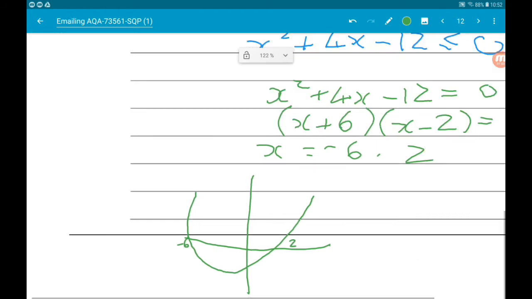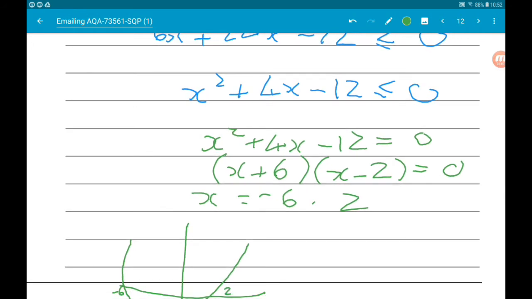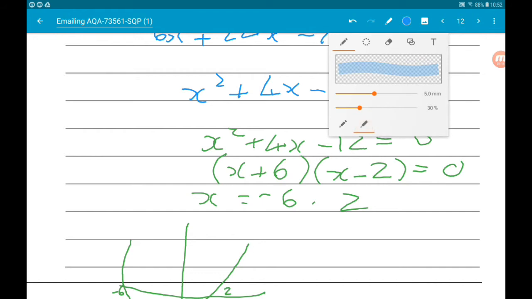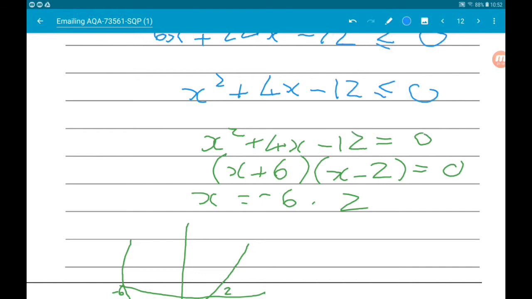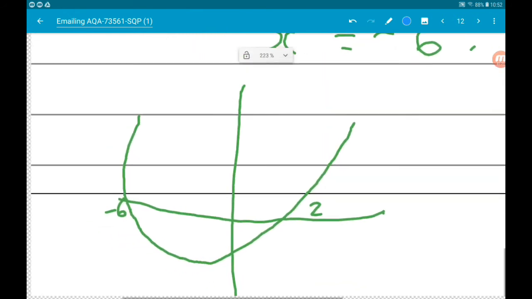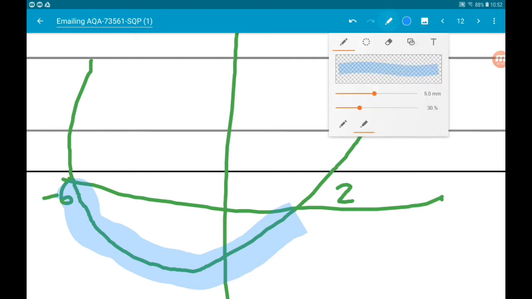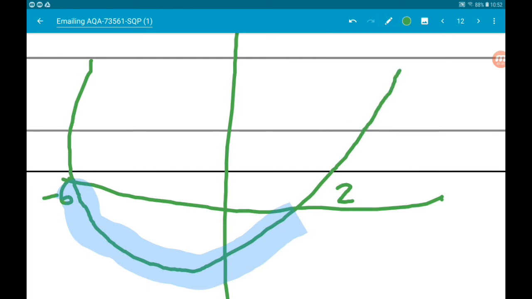Now remember, what we are trying to find is values of x such that the quadratic is less than or equal to 0. So, the part of the graph that we are interested in is the bit touching and underneath the x-axis.